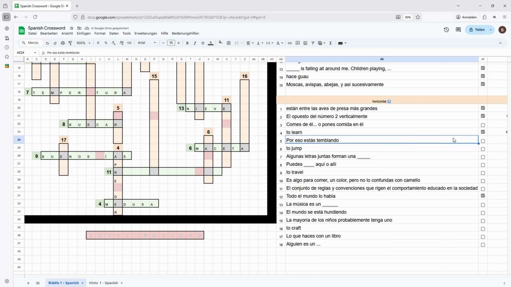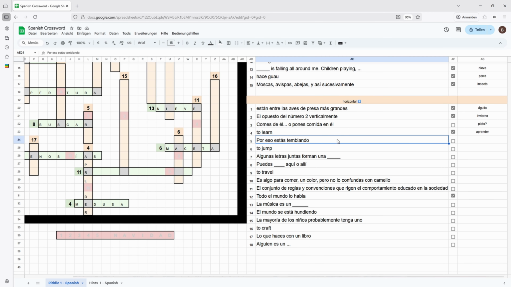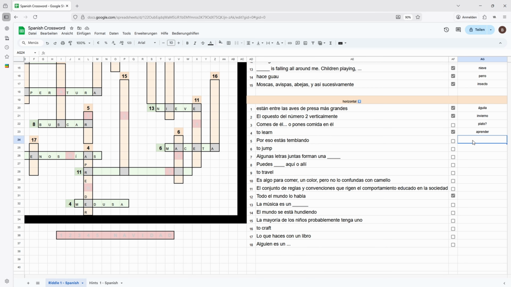"Por eso estás temblando." It's the reason you're shaking. How many? 4? If you're cold, you're shaking, or if you're terrified, you're shaking. But terrified is too long, so we're going with frío. That's 4 words.